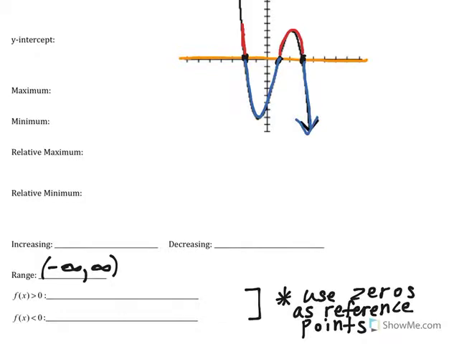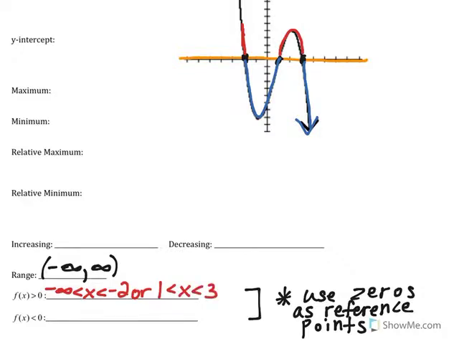So the function is greater than 0 from -infinity to -2. So that's your first x-intercept. Then it's less than 0 after that until you get to 1. And then from 1 to 3 it's greater, so 1 is less than x is less than 3.